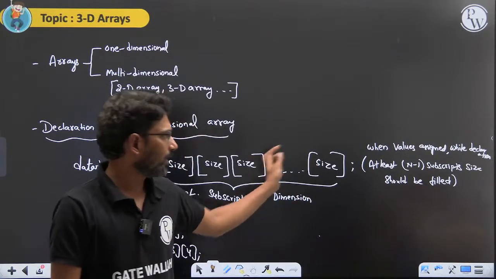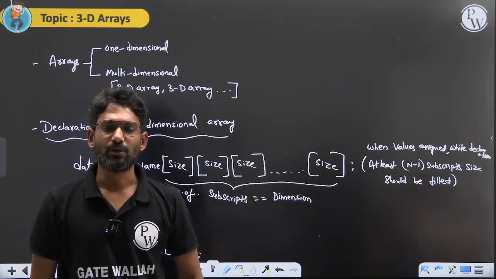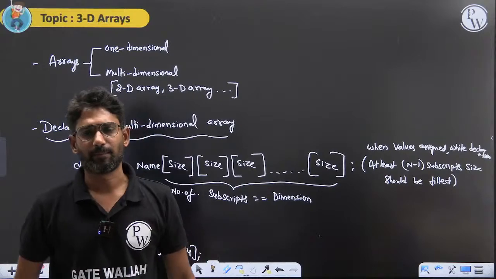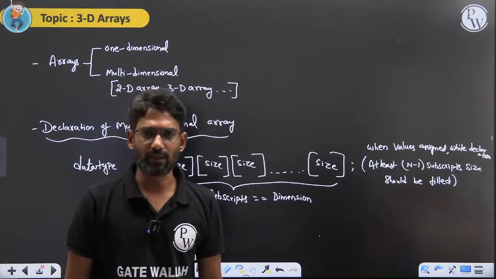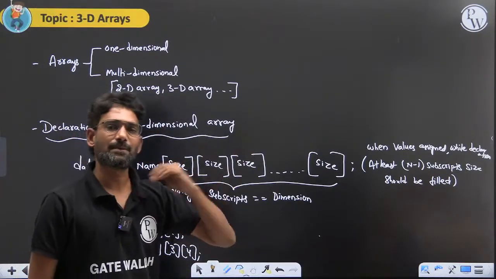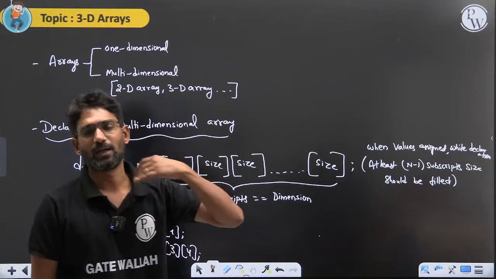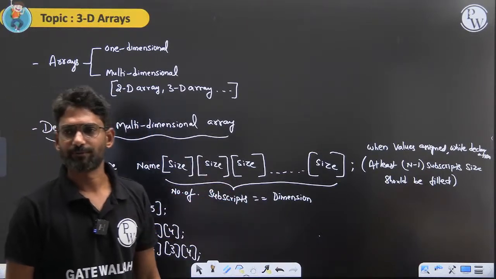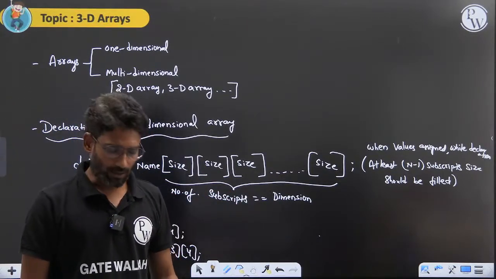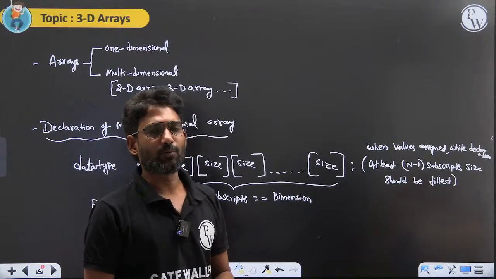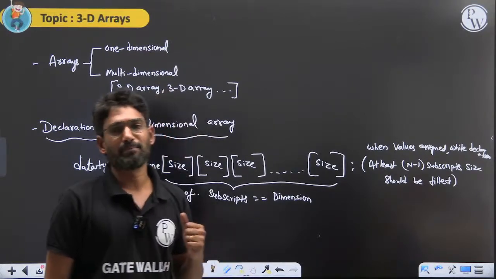If you are not assigning any value, you are simply creating an array, no value you are giving, then all n subscripts you are supposed to give. Because arrays will take what? Compile time memory.